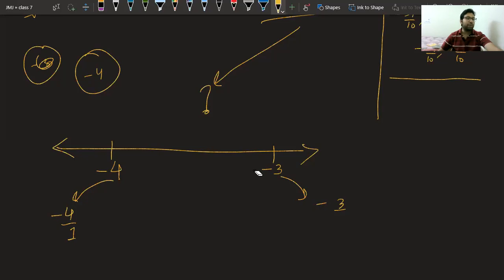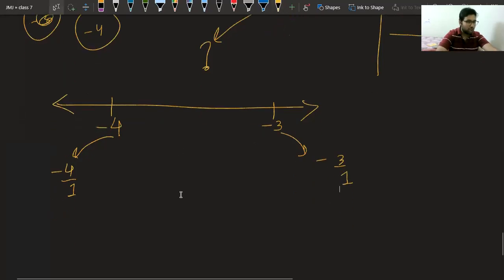Maybe by chance your answer came out correct, but the right way is to go like this only. You have to understand first that minus 4 is smaller and minus 3 is larger. So minus 4 will come on the left-hand side, minus 3 will come on the right-hand side. I hope you are able to understand this now.